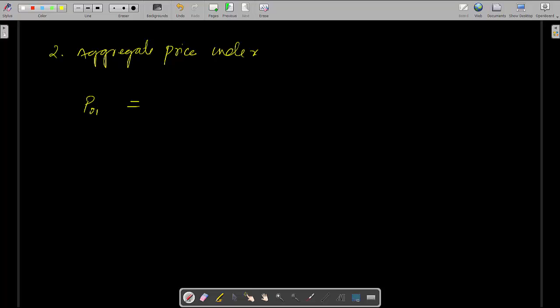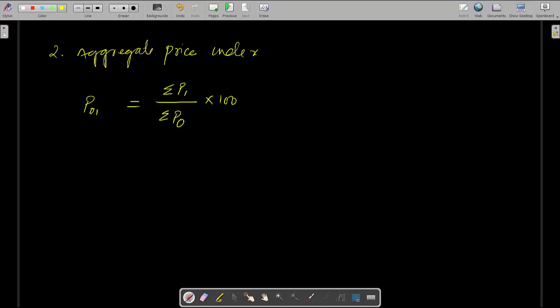P01, that is the price index, is equal to sigma P1 divided by sigma P0 into 100. So this is the formula to calculate the aggregate price index.